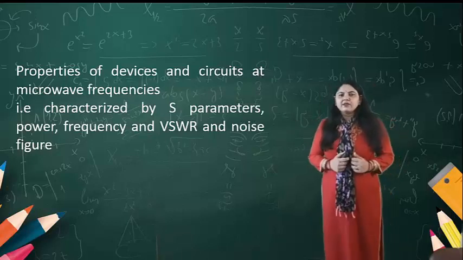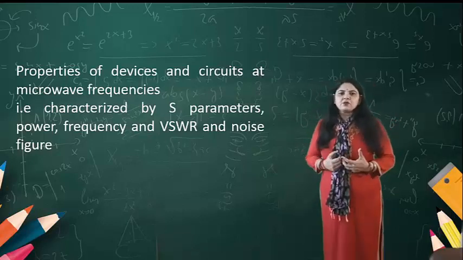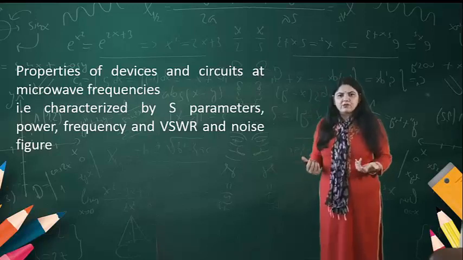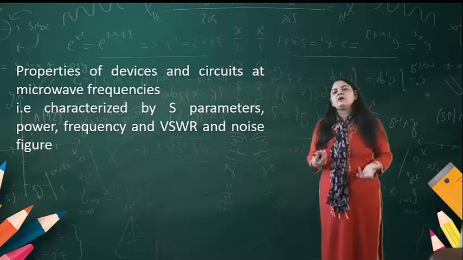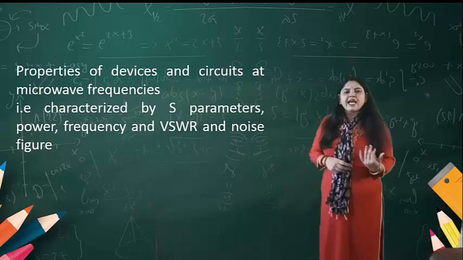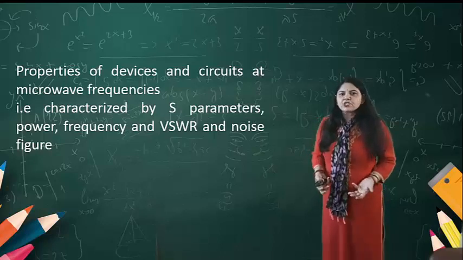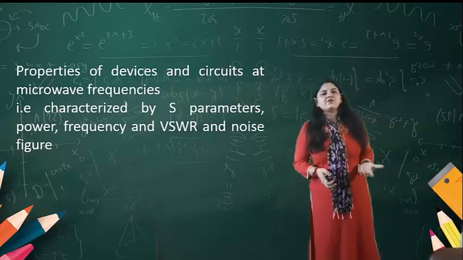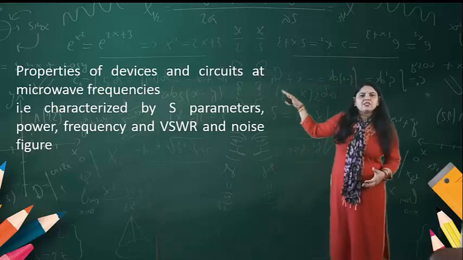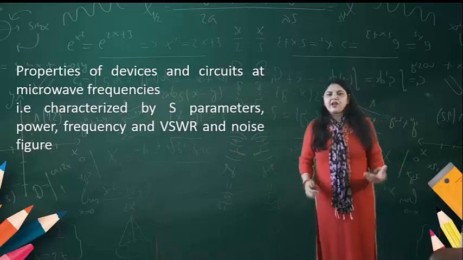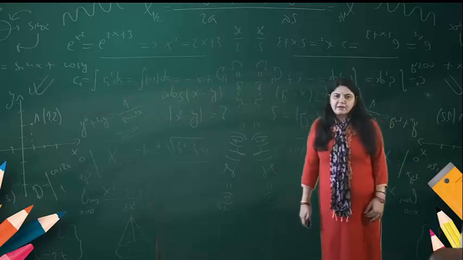As we know, in the S parameters the logic variables are the traveling waves, and using the incident wave and reflected wave, we are able to find the reflection coefficient and the VSWR. So it is easier to use the S parameters in finding all the parameters.